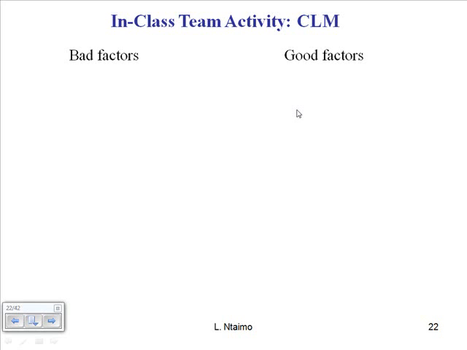We're still doing this. We're going to come to that next. I just want you to make the list, and then we're going to move on to creating the causal loop model in a minute. Okay. Everybody has their list? Bad and good factors. One more minute. Let's finish up.